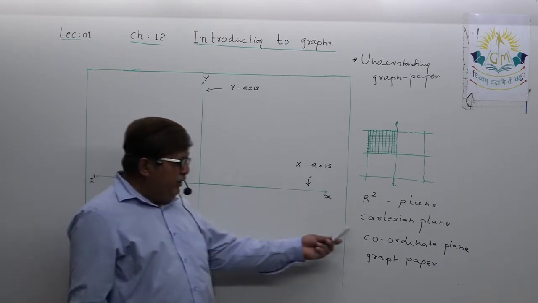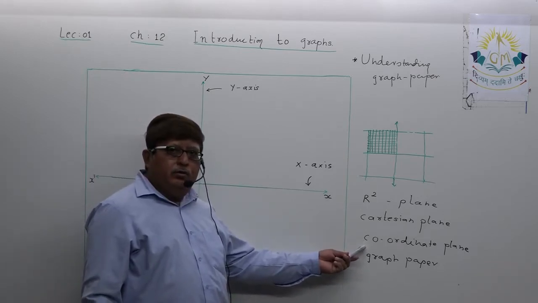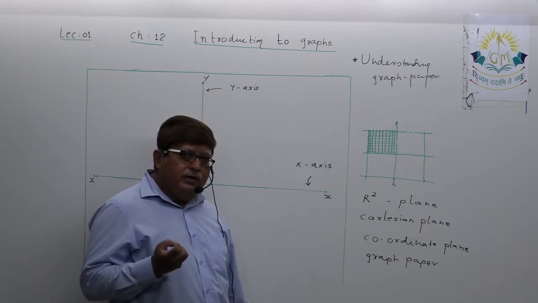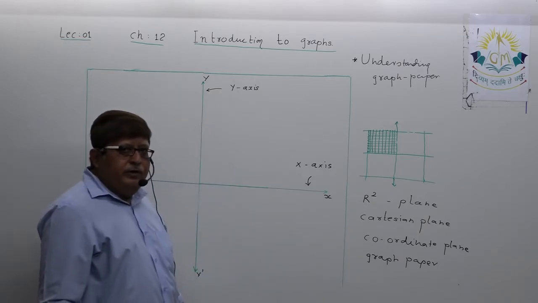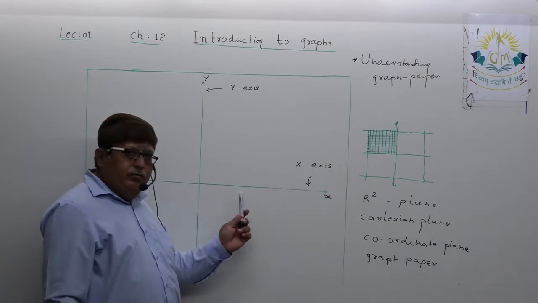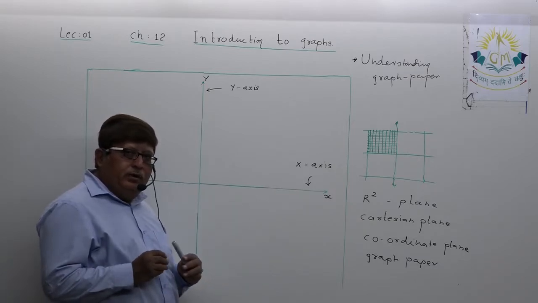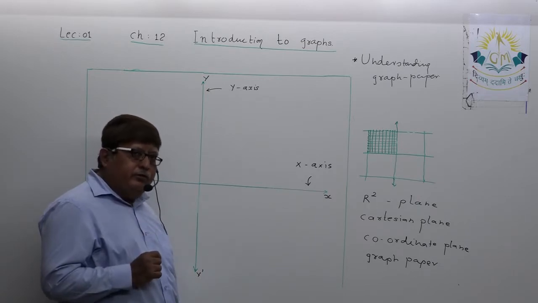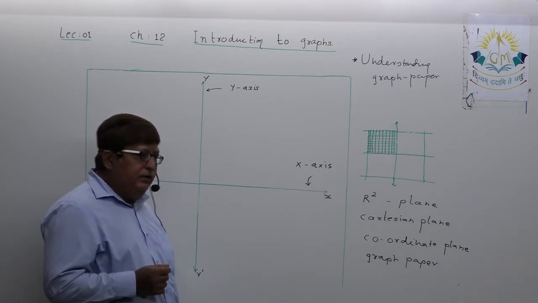That's why the name is coordinate plane. What is the meaning of coordinate? That I will explain to you. But these two are known as coordinate axes. Please try to understand this.